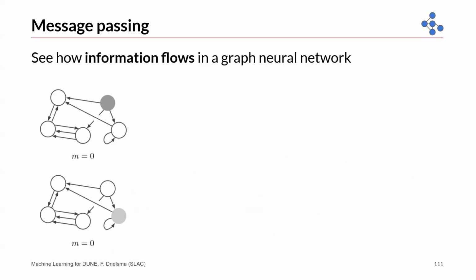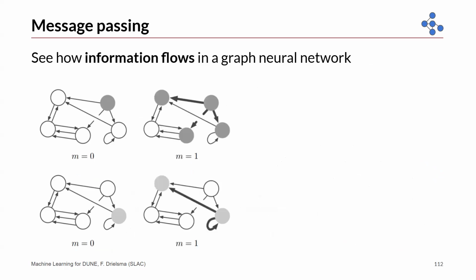So you see, if you start with the information from this node, and you haven't done any message passing yet, then only this node is aware of the information that's coming from it. After one message passing task, you can see that the information is now propagated to the 3 nodes that it is connected to. You can see the same thing here. This node has propagated information here.